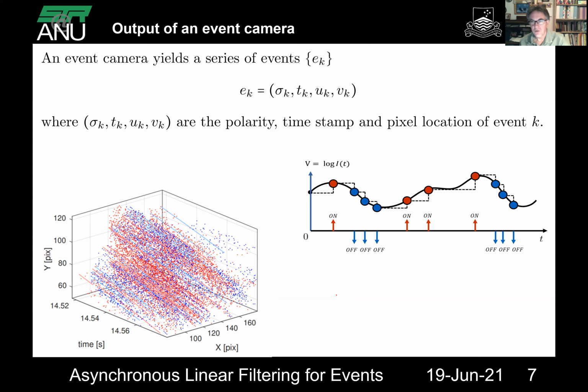So the principle of this work is that we treat the events in a slightly different way than many people treat them. An event, of course, is a quantized signal where the change in intensity is quantized, but the time is not quantized.